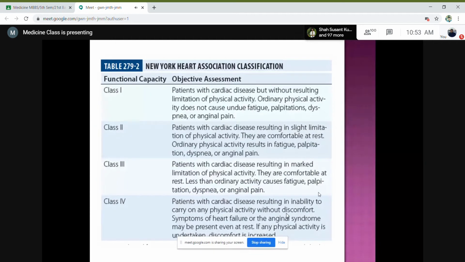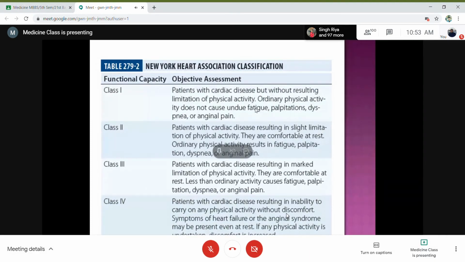Class 1, I'm repeating it again, includes all patients with cardiac disease but without resulting limitation of physical activity. Ordinary physical activity does not cause undue fatigue, palpitation, dyspnea, or angina. Ordinary physical activity does not cause symptoms.